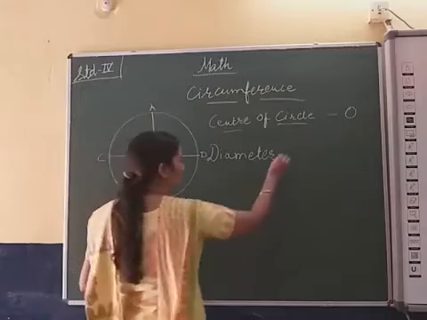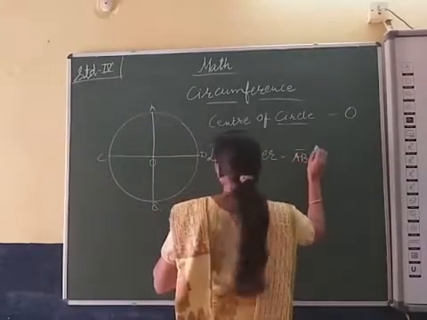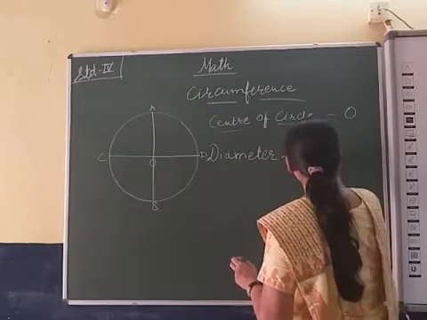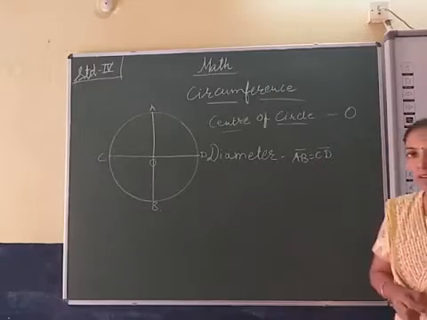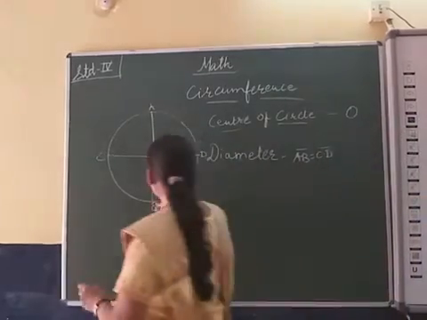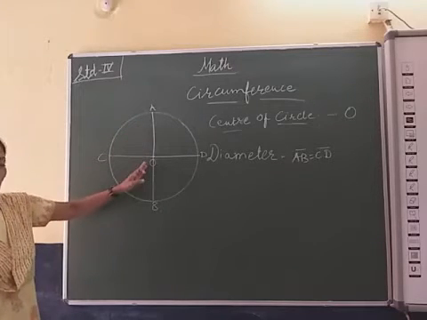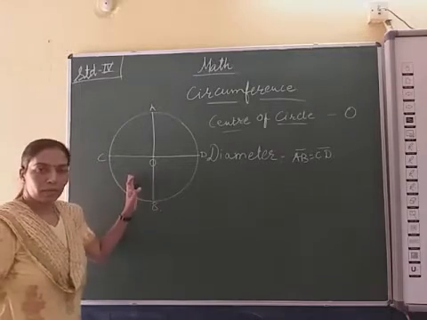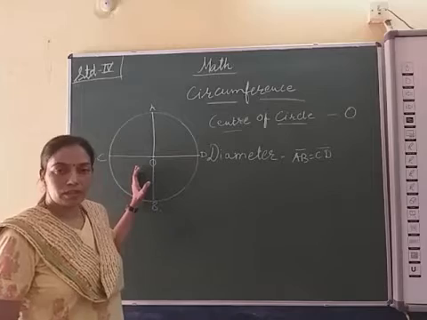Now we can write here diameter AB and diameter CD, and both are equal. Why am I writing equal? Because the lengths of these two diameters are equal, because they pass through the center and make equal parts of the circle.